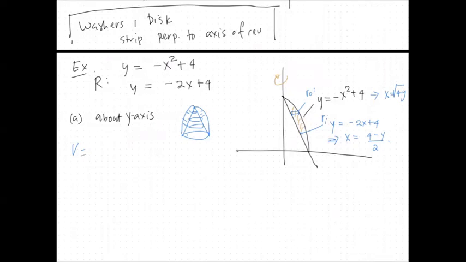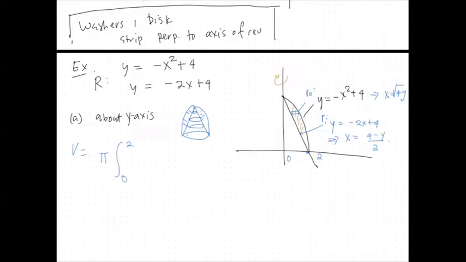The volume is pi, and then we go from 0 to 2. Y goes to 2 because when y equals 0, negative x squared plus 4 equals 0. That means x squared equals 4, so x is plus or minus 2, but plus 2 here, minus 2 here, so just consider the plus.